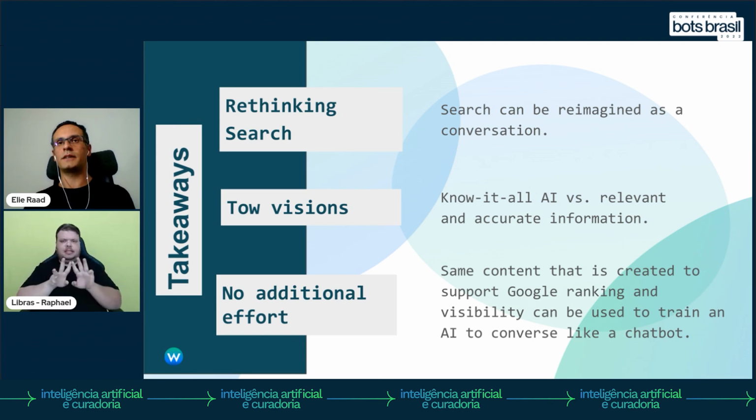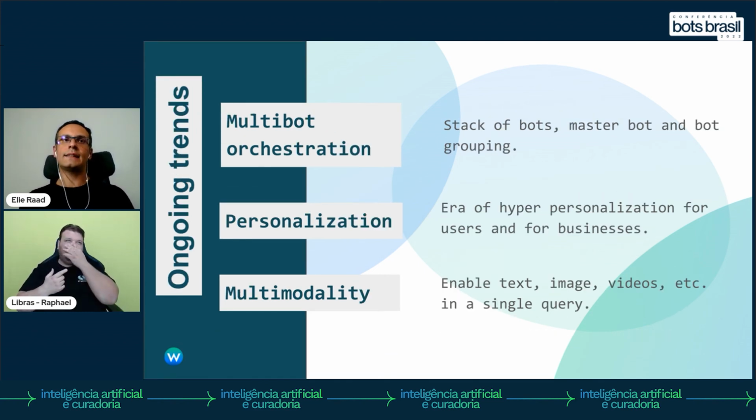from the user perspective. We are using our conversational AI with the same information that we are sending to Google to rank higher from an SEO perspective. As ongoing trends, we see that the orchestration of multi-bots, or a stack of bots, having a master bot and the fallback bot, is an important step.